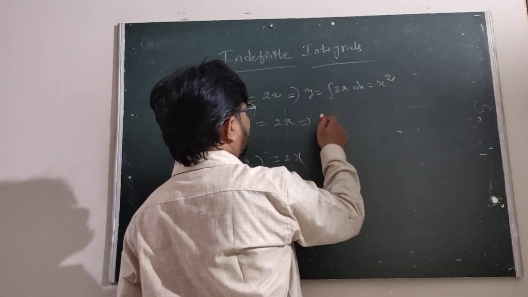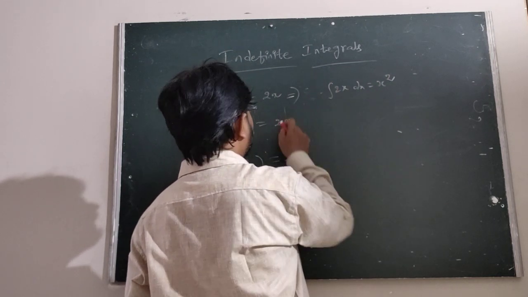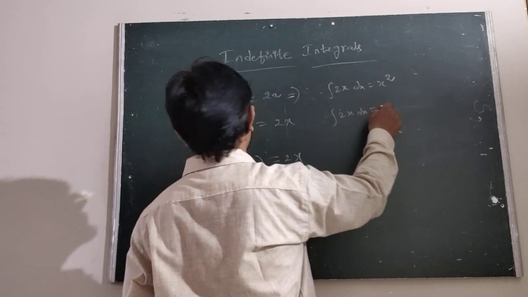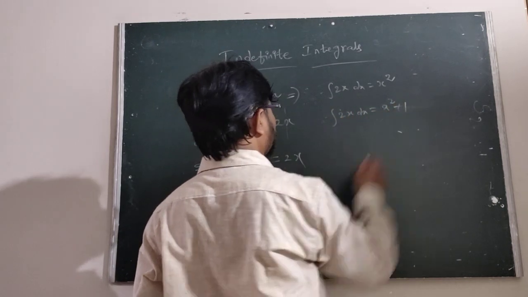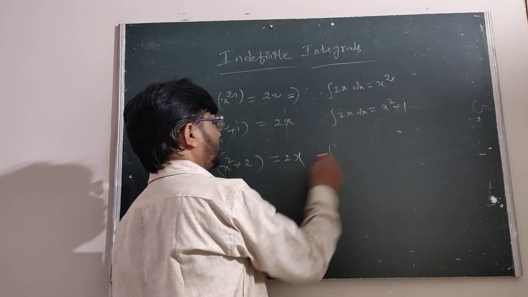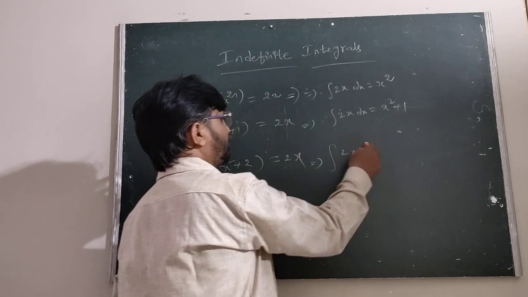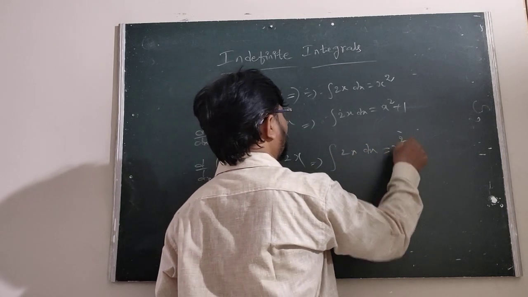Clear? The integral of 2x dx is x square plus 1. The integral of 2x dx is x square plus 2.